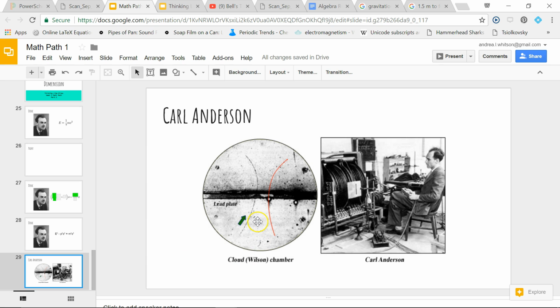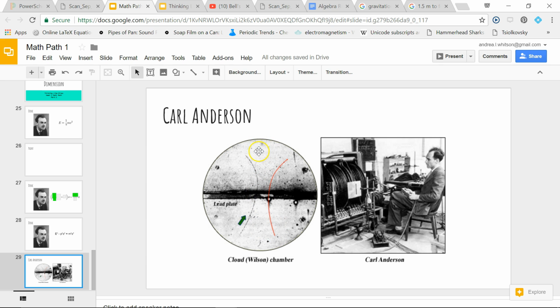And here we have a Wilson chamber, and this is a lead plate, and you can see that there are two different particles being traced across this plate. This plate has a positive charge on it, and so it attracts the electron and deflects the other particle.